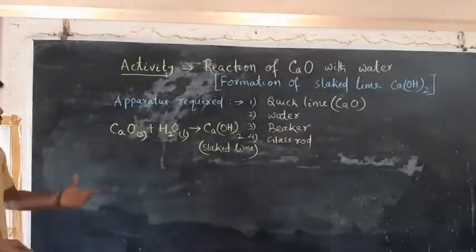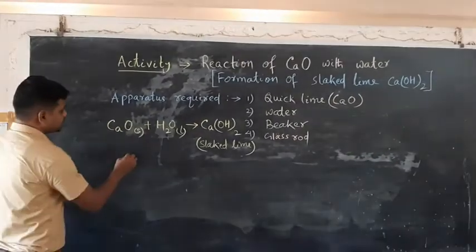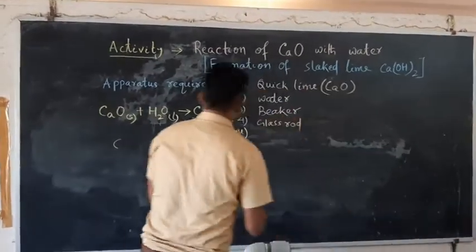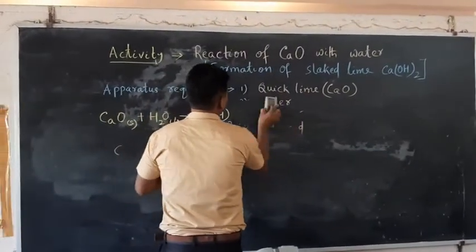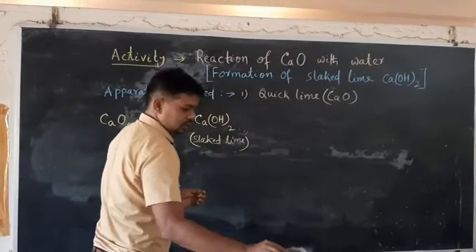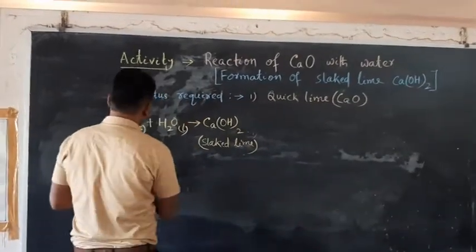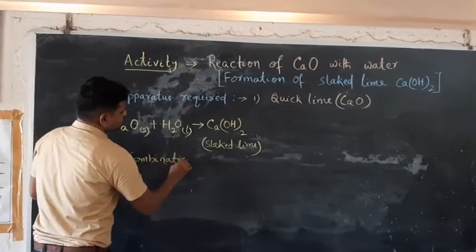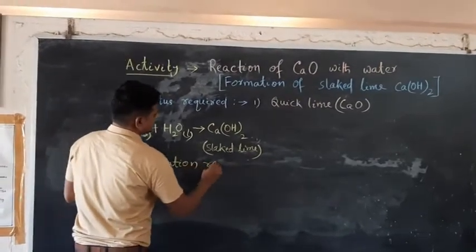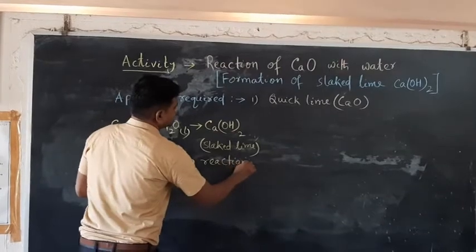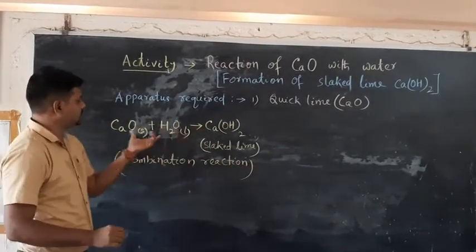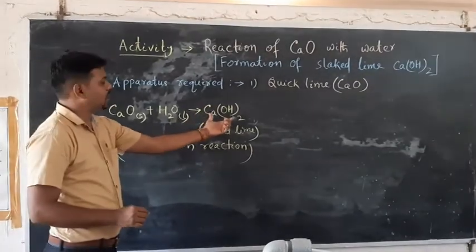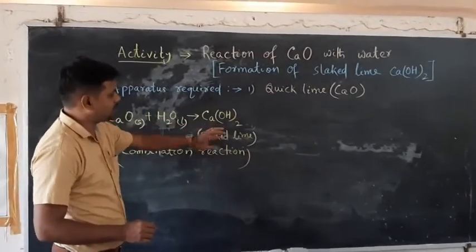This is also a combination reaction, as two reactants join to form one product. As you see, calcium oxide joined with water to form calcium hydroxide. One single product is there.